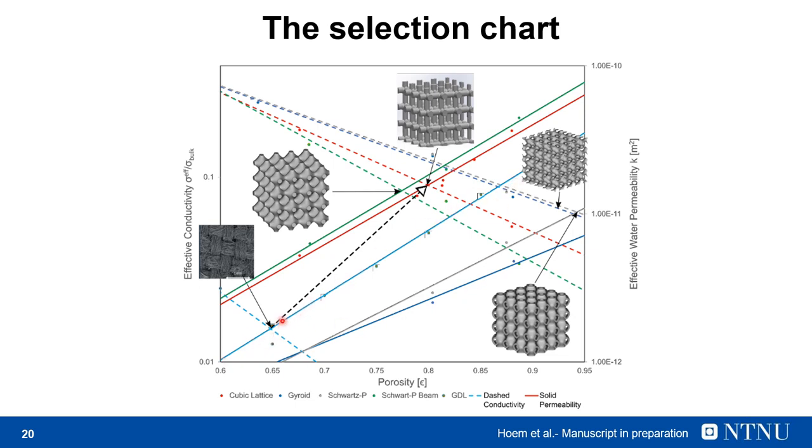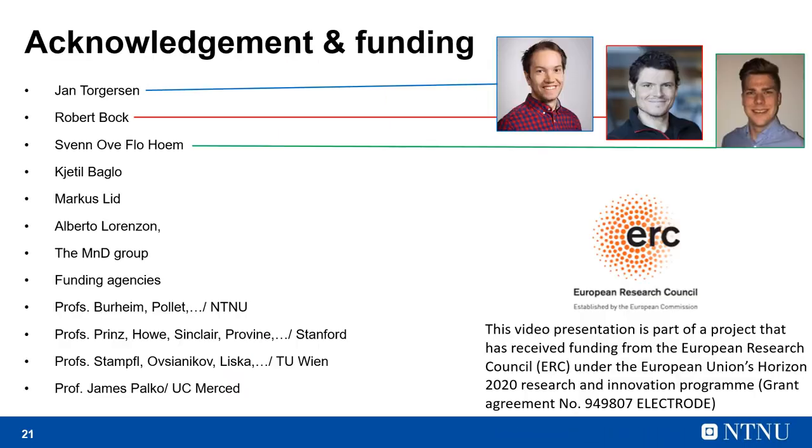So here is the intersection between effective water permeability and effective conductivity for a traditional gas diffusion layer. The Schwarzschild beam is here, cubic lattice, which is the best performing, and Schwinn-Gyroid and Schwarzschild.